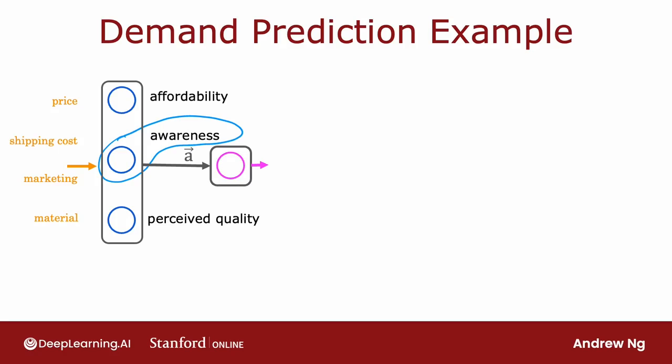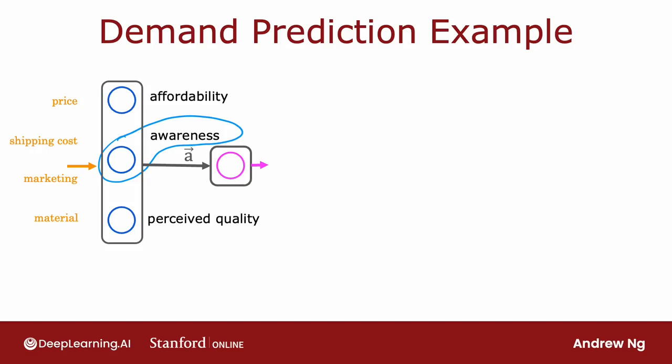So rather than modeling awareness as a binary number, 0, 1, or as just a number between 0 and 1 where you try to estimate the probability of awareness, maybe awareness should be any non-negative number, because there can be any non-negative value of awareness going from 0 up to very, very large numbers.